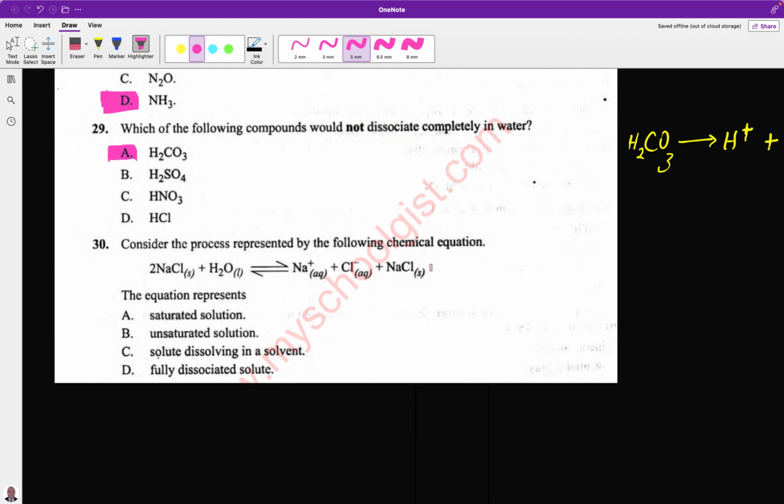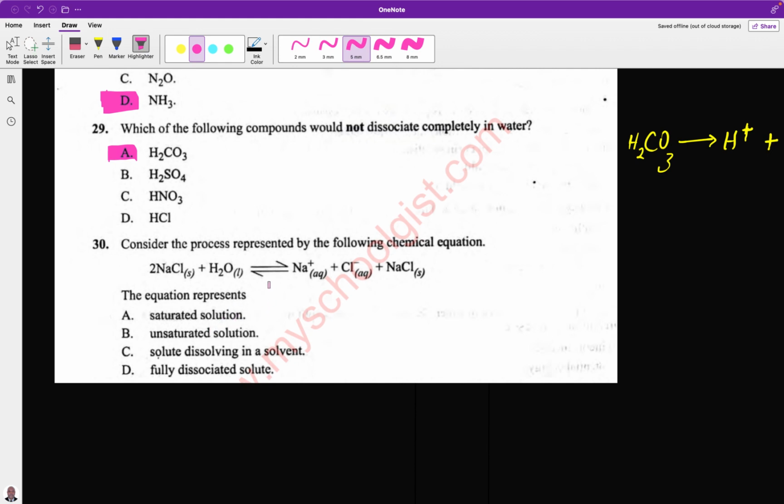So, what does our question want? Does the equation represent a saturated solution, an unsaturated solution, or a solid dissolved in a solvent? Yes, it is a solid dissolved in a solvent, but that does not explain everything.